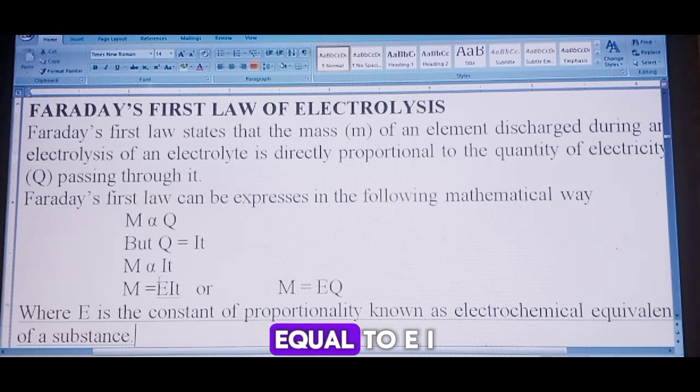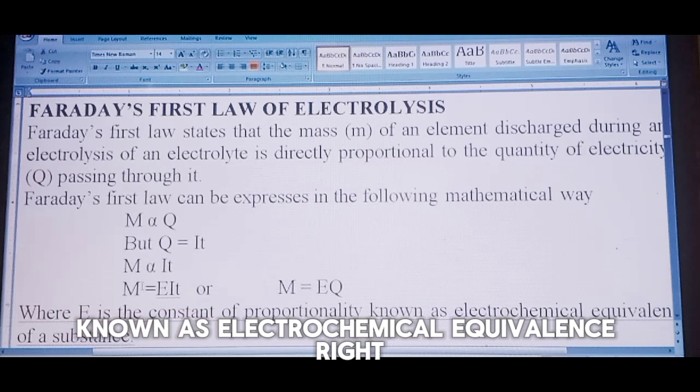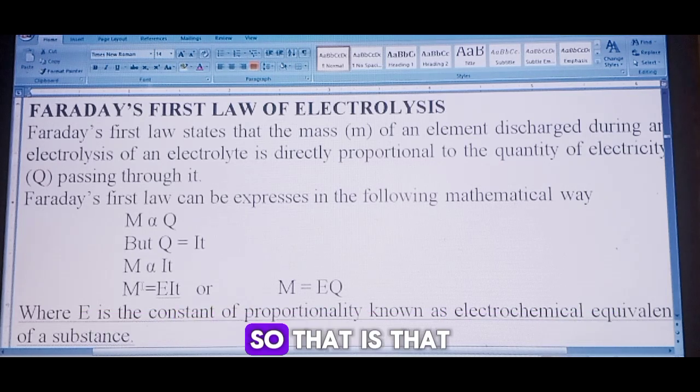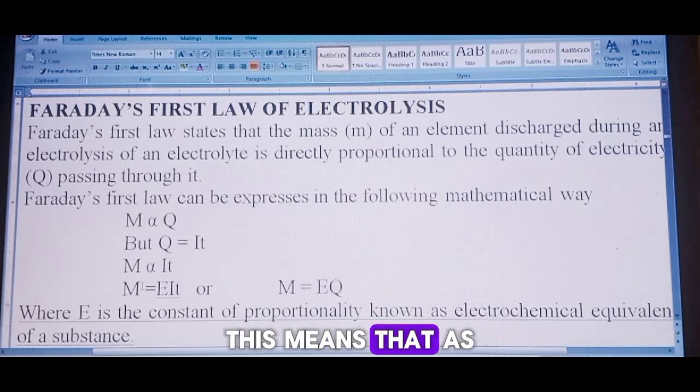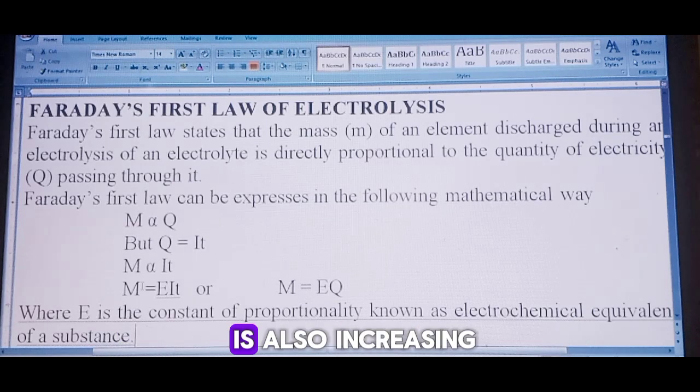So M is equal to EIT, or M is equal to EQ, where E is the constant of proportionality known as electrochemical equivalent. So that is Faraday's first law of electrolysis. This means that as the mass of the substance discharged is increasing, the quantity of electricity is also increasing.